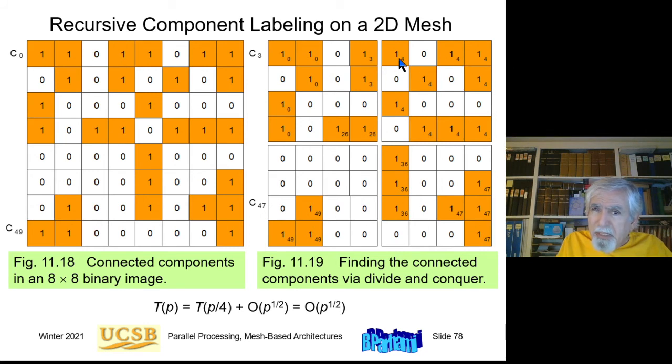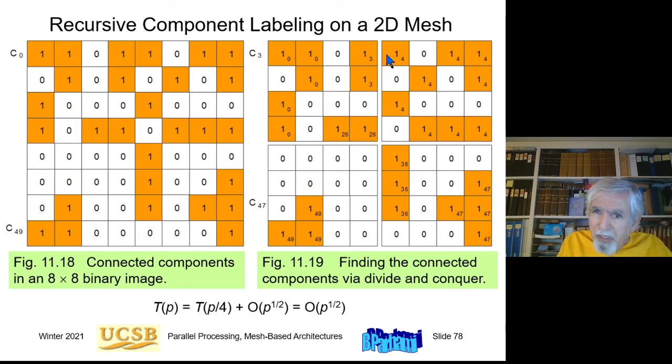So this one figures out that 4 is the same as 3, and then informs all the cells, processors in that half row, if they are part of component 4, to change to 3.